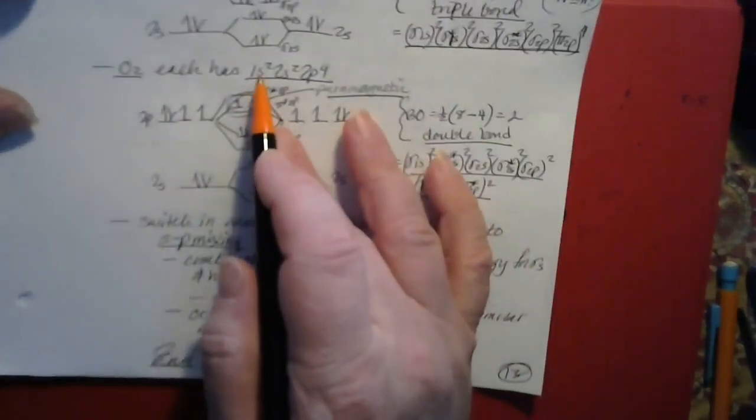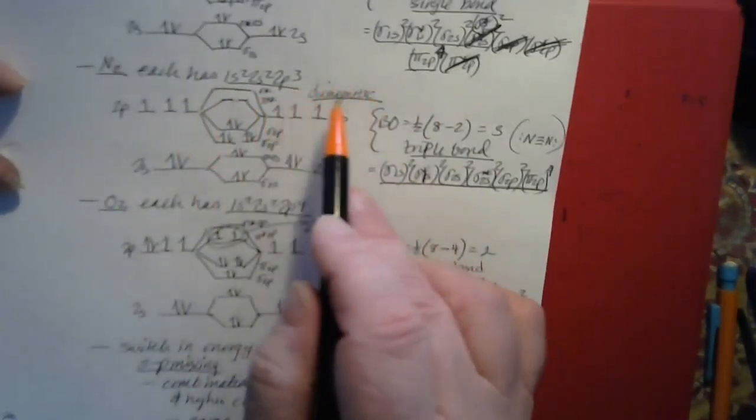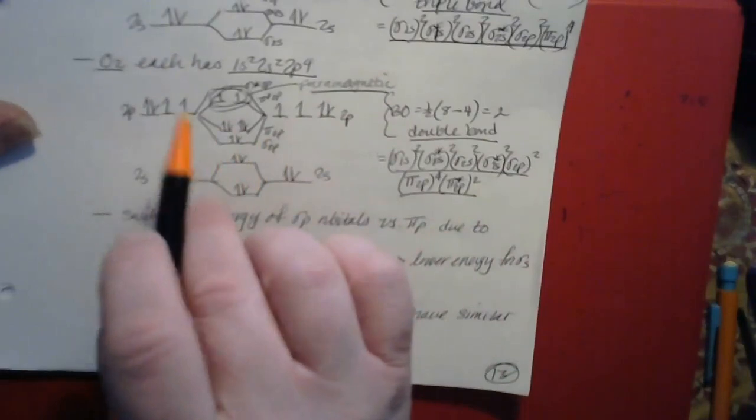Then we can go on to oxygen. Notice also, no unpaired electrons in N2. And that explains why N2 is diamagnetic, in other words, unaffected by magnetic fields, because all of the electrons are paired up. Oxygen, on the other hand, is paramagnetic, and we're about to find out why.